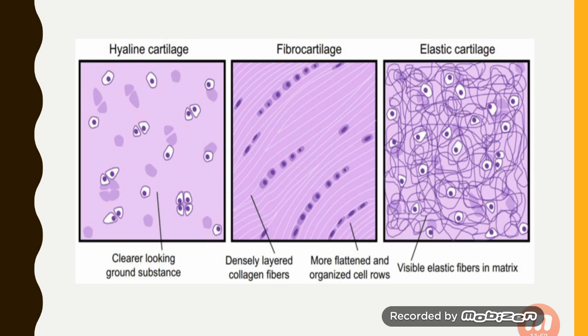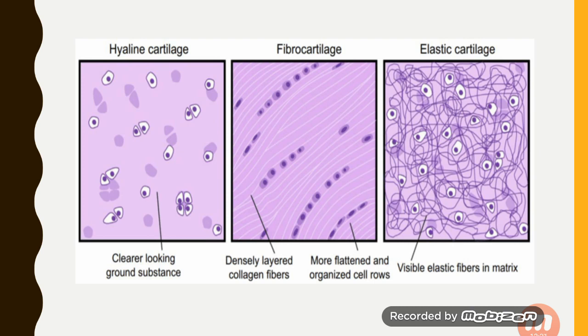Now, the fibrocartilage also contains the organized rows of the flattened cells, which is also clear in the diagram. The fibrocartilage is mostly found in the discs located between the vertebrae and the cartilages of the knee.